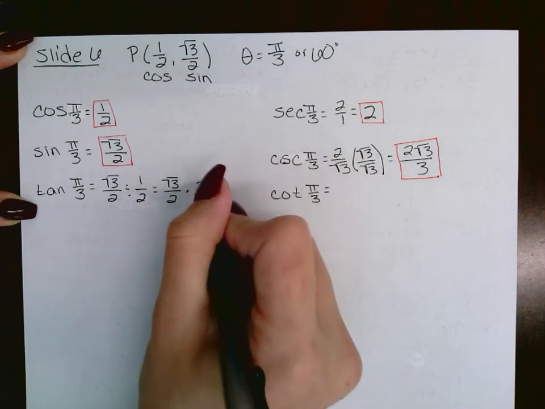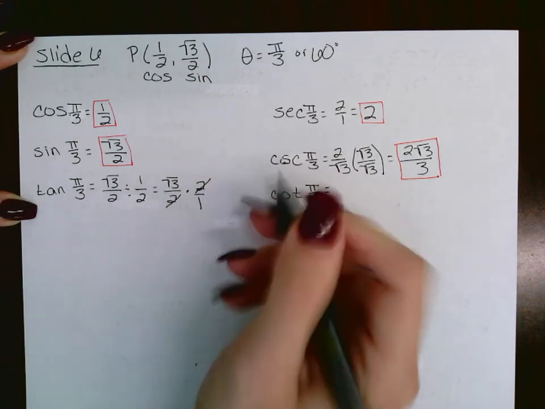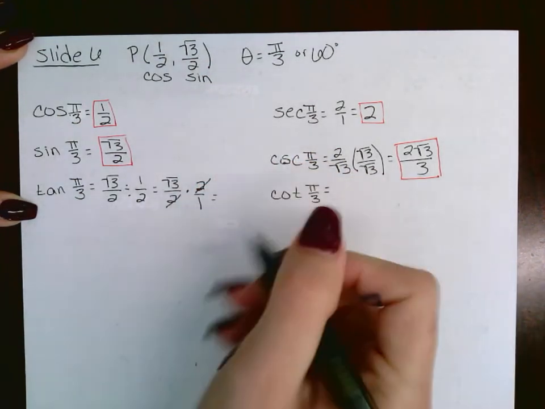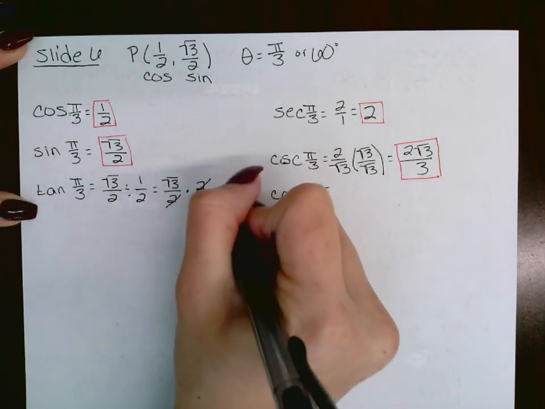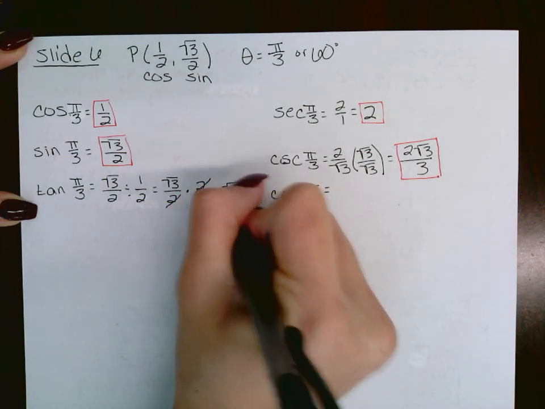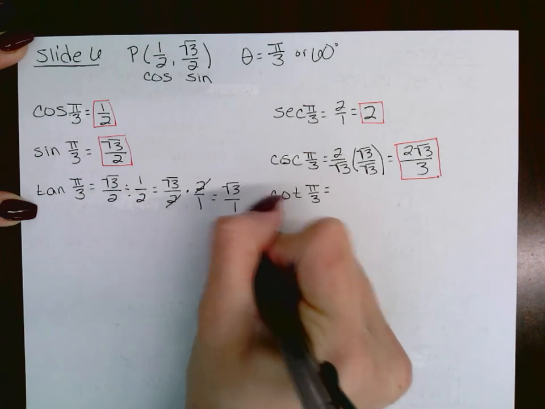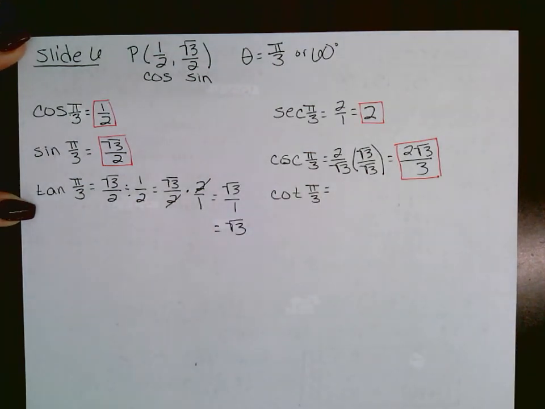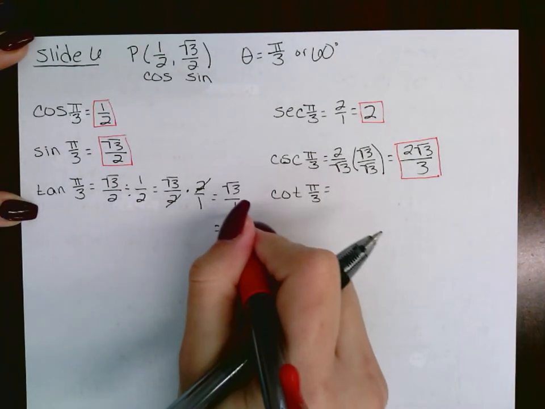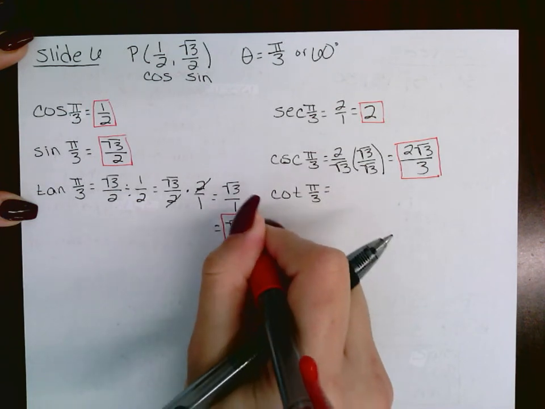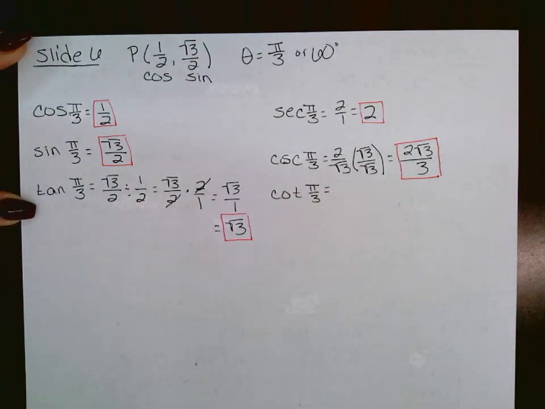Okay? My 2's cancel, and I'm left with radical 3 over 1, which is just radical 3. Okay? Raise your hand if you got to the tangent on your own. Nice.